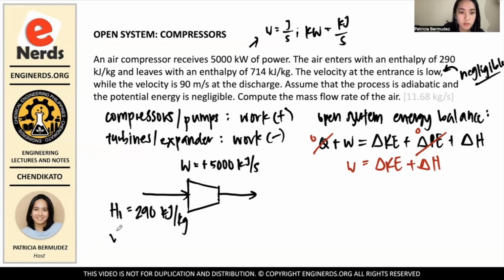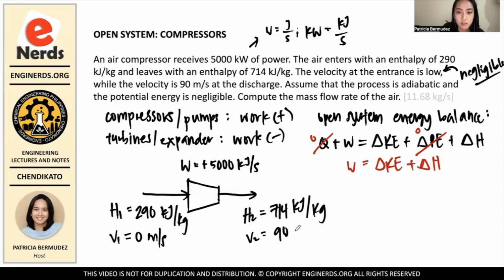So yung V1 natin ay 0 meters per second. And then at exit, yung enthalpy natin ay 714, and we can use H2 to indicate that, 714 kilojoules per kilogram. And then yung velocity natin ay 90 meters per second. Okay, so nalista na natin lahat ng given here.